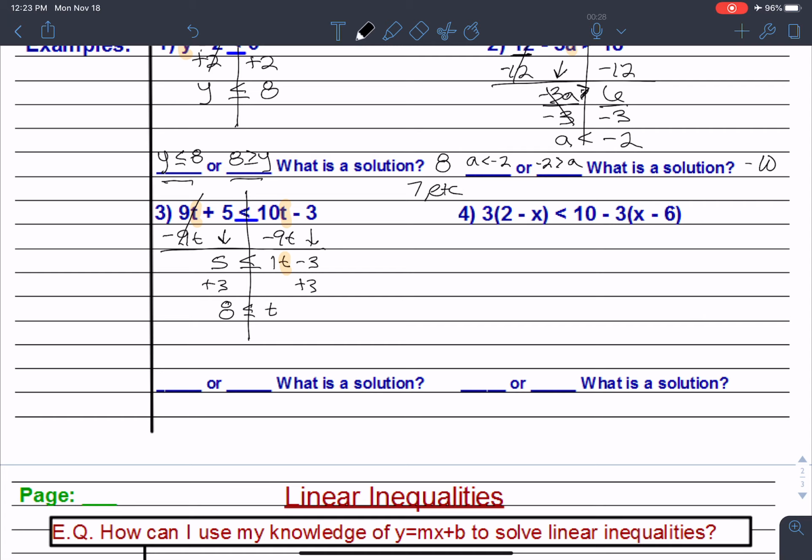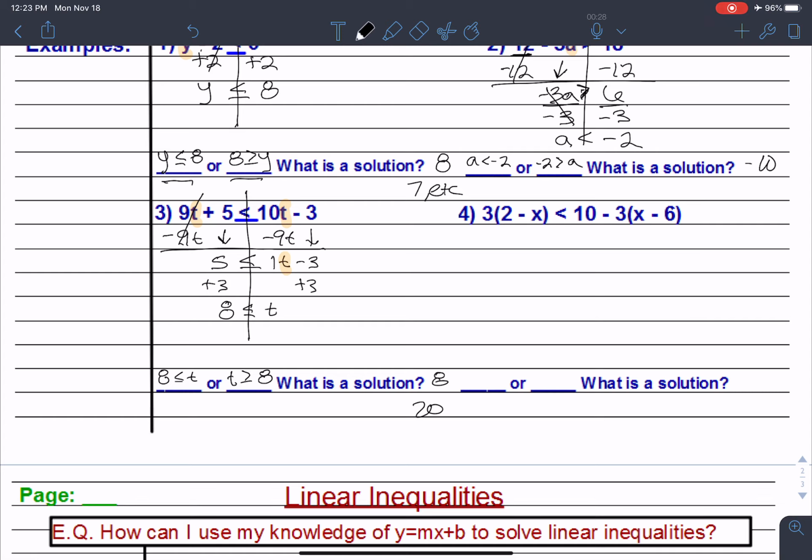Okay, so now my inequality is solved. So my inequality is 8 is less than or equal to t, or if I flip everything around, t is greater than or equal to 8 is another way to write that. So a possible solution could be the number 8, or any number that's bigger than 8. So it can be 20 or anything that you want.